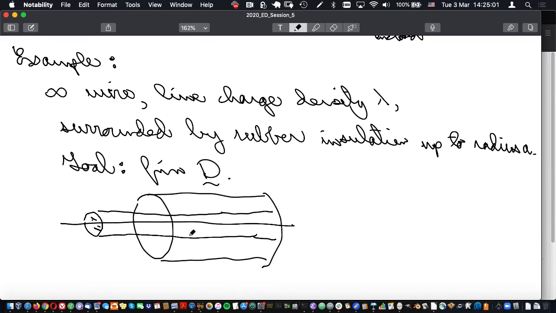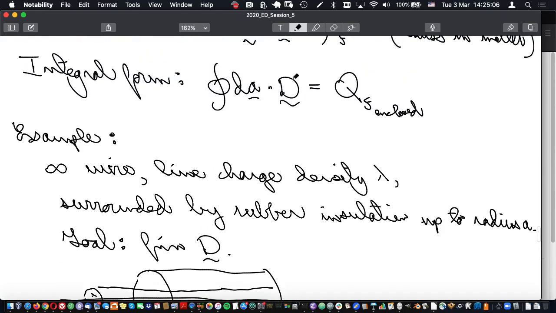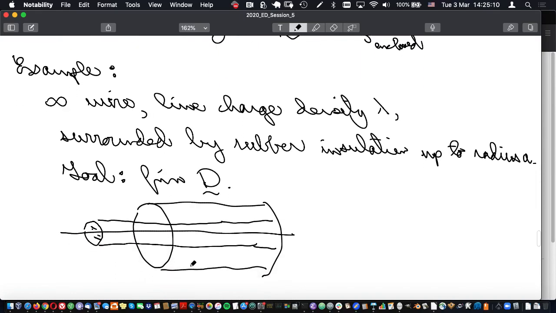Okay, and what I do is integrate the displacement over all the surface of this cylinder. Now the wire is infinite, so we expect electric fields to be radial. That means there's no contribution from the ends of my Gaussian cylinder. So the only contribution comes from the surface around here.